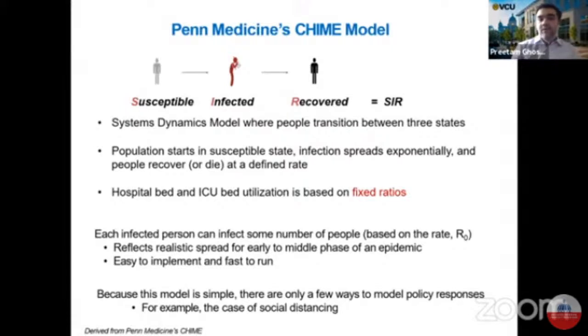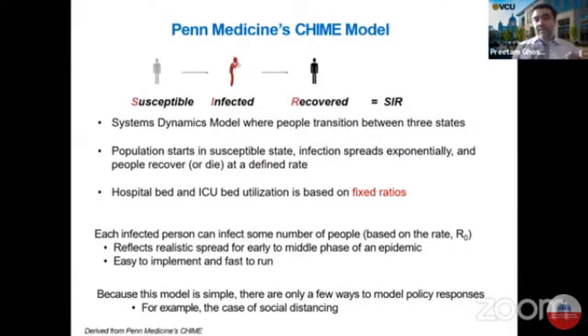Using these types of models, the UPenn CHIME model, and of course the other models too, you can now compute very easily the number of hospital beds and ICU beds that are needed at specific points of time. So if you make a model prediction for the next 1 month, how many infections are we going to be looking at, you can now go back to the hospital authority and try to allocate so many extra ICU beds and so many extra ventilators for that specific medical center, right?